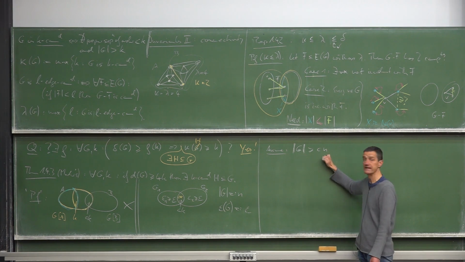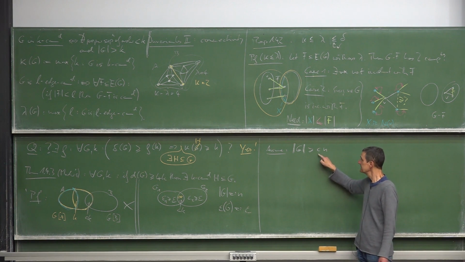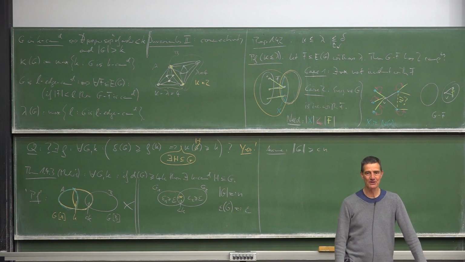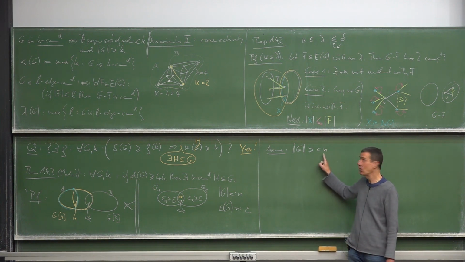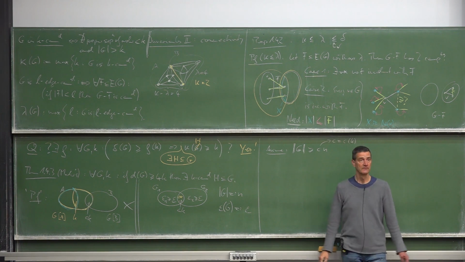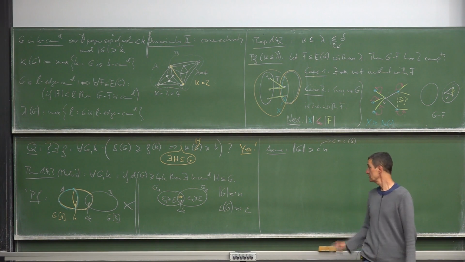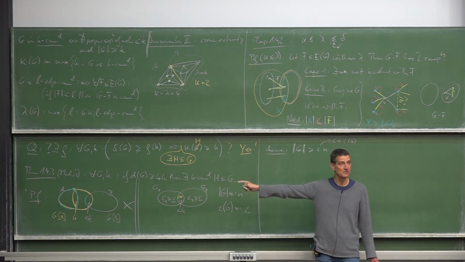Well, epsilon times n, right? At least 2k n edges. But let's imagine we're in the situation where we don't know that yet. So we're looking for some number of edges, a constant times n, where C is a function of k but independent of G. We'll end up with C being the constant function 2k, but we don't know that yet.